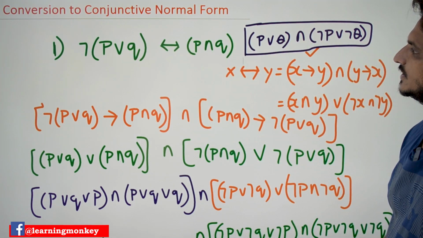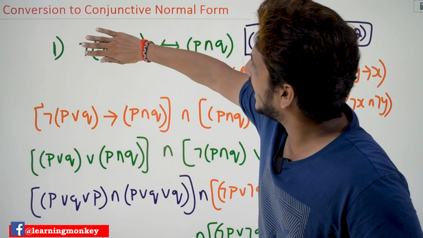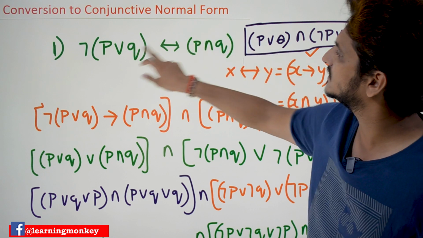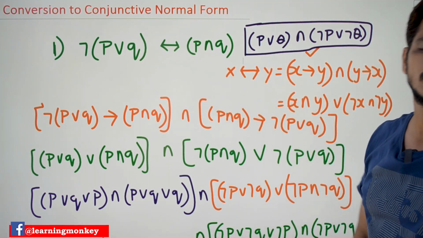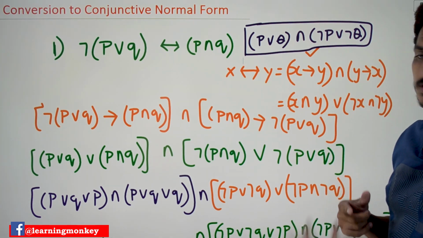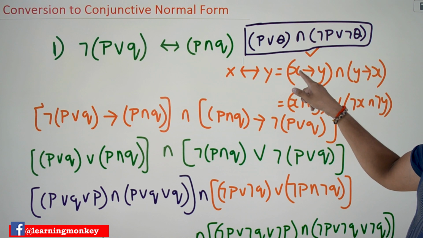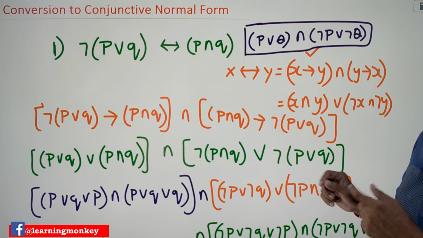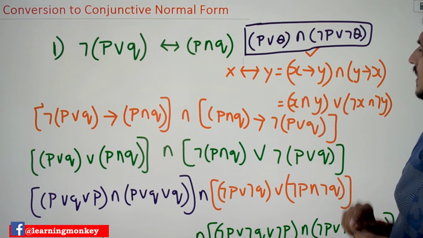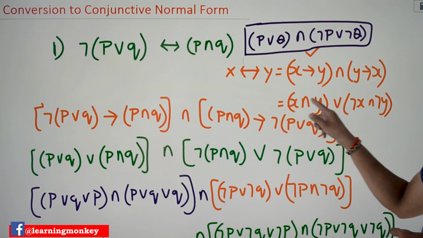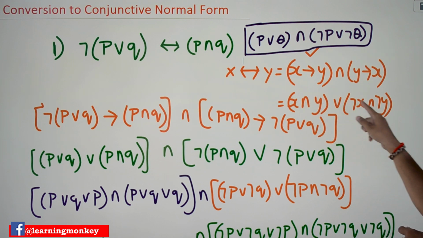Now let's try to convert this. Take this as x, and this proposition as y. X double implies y can be converted in two different ways. X double implies y can be written as x implies y conjunction y implies x. Similarly, x double implies y can also be written as x conjunction y disjunction negation x conjunction negation y.